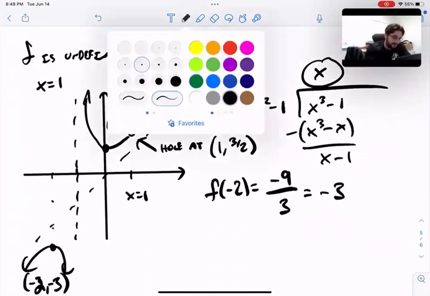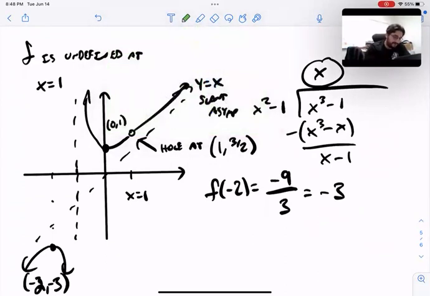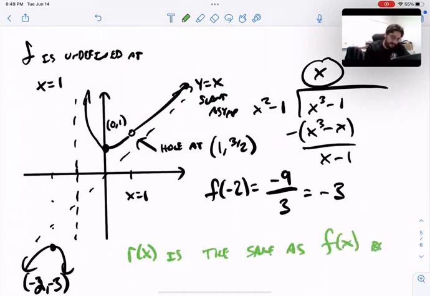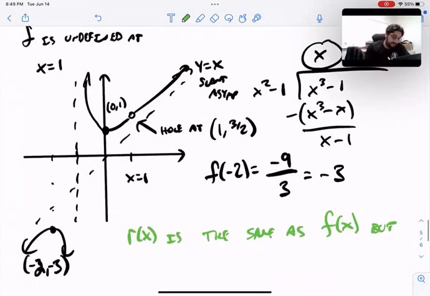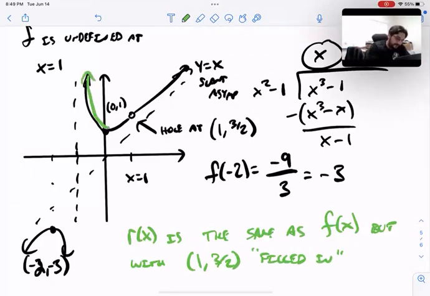So this other function r, if I graph this function r of x, is the same function but with the discontinuity removed, right? But with (1, 3/2) filled in. If you were going to graph r, you would graph exactly the same function, but you wouldn't put the hole there.